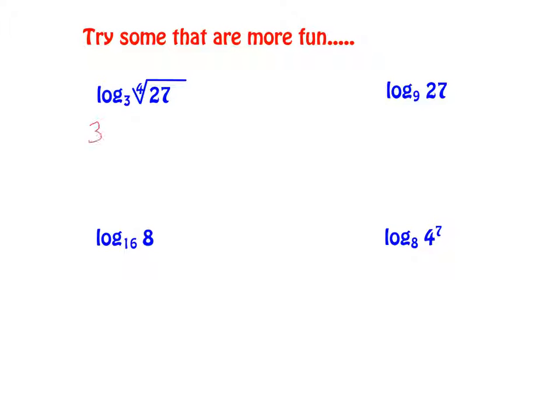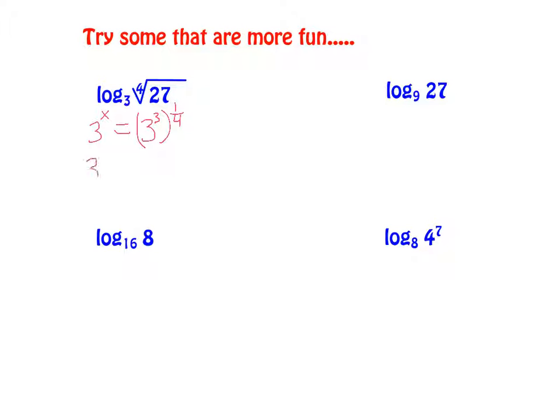3 to some power, this is what's going on in my head. If you need to write it, that's okay, but equals, now think about this 27. That's really just a power of 3, isn't it? Isn't that just 3 to the third? And if I'm going to fourth root something, that's the same as taking it to the 1/4 power.